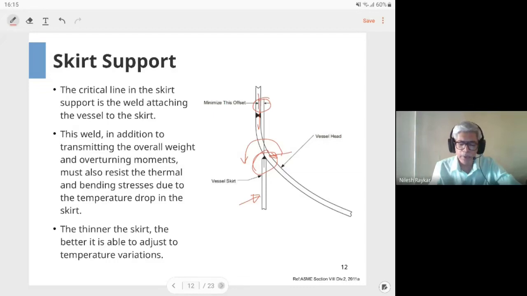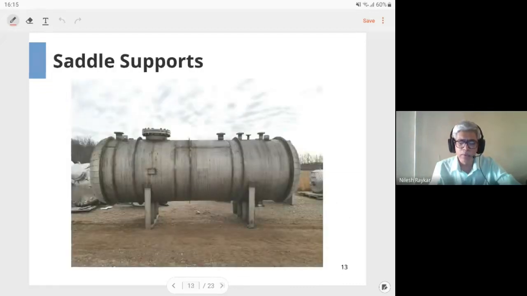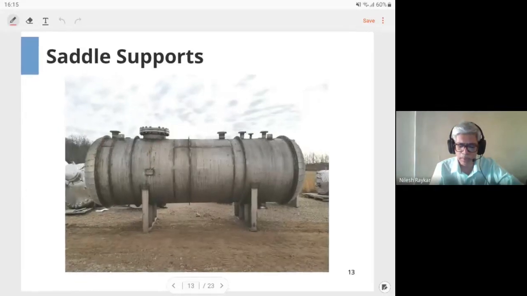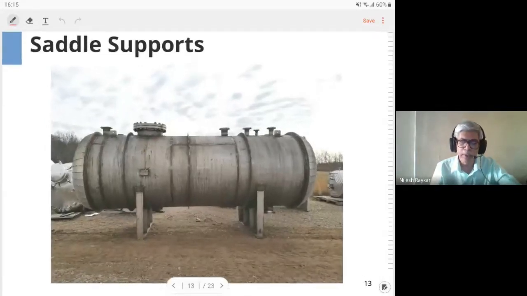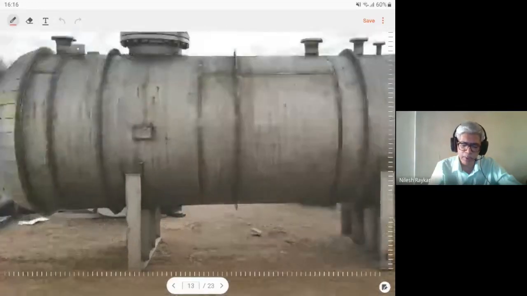The next important support: horizontal vessels are supported on what is known as a saddle support. For saddle supports, we are not covering the calculation part in this particular course. The saddles, similar to the skirt support, have their base plate.